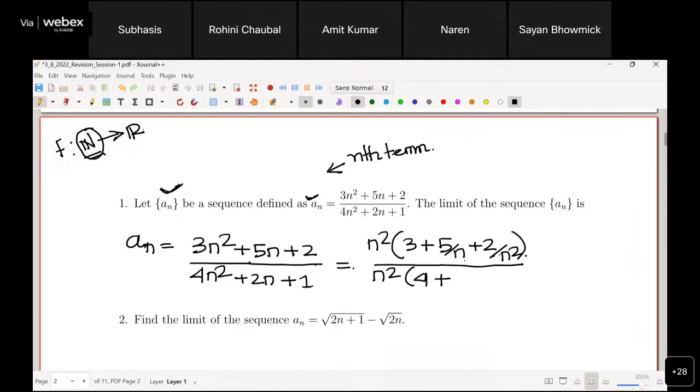If you have a function from some interval to R, or maybe R to R, then it's really interesting to see the derivative of the function. But when you have a function from the set of all natural numbers to R, there is no point in differentiating this type of function.